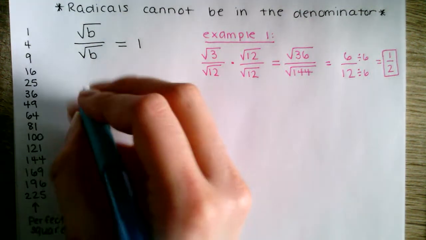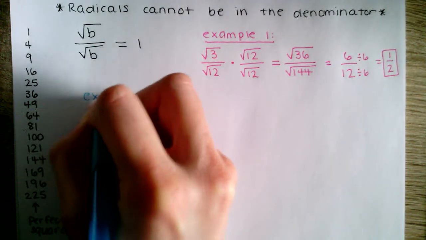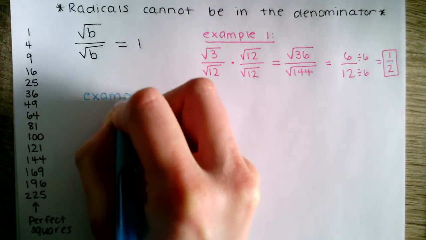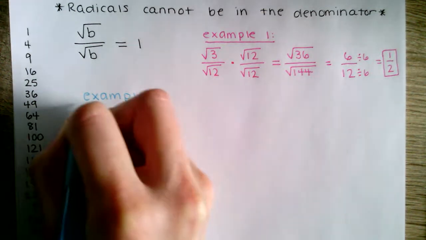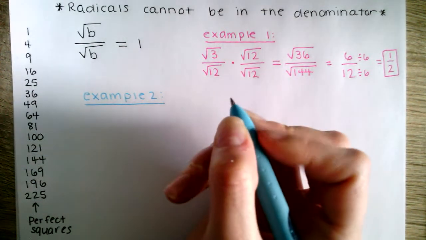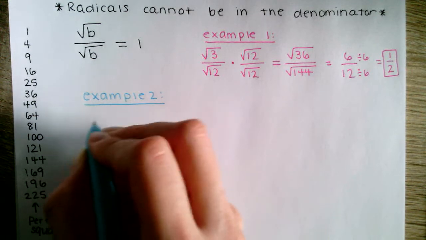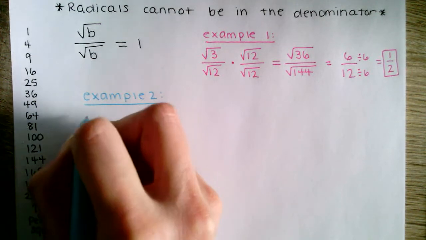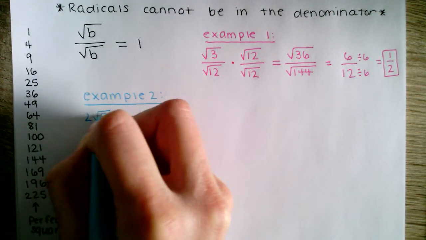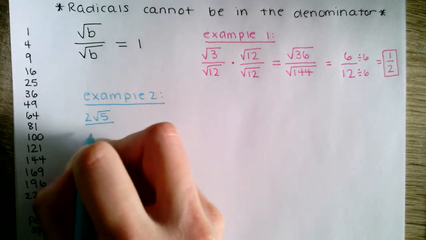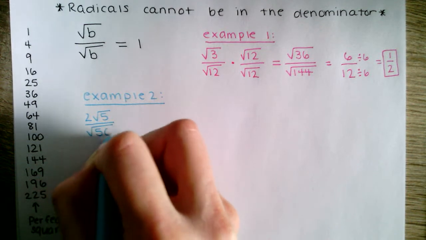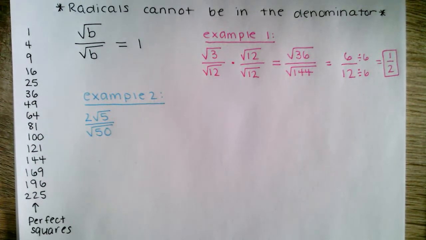All right, let's do another example. What if we were given something like 2 radical 5 divided by radical 50? Same thing, we need to get radicals out of the denominator.